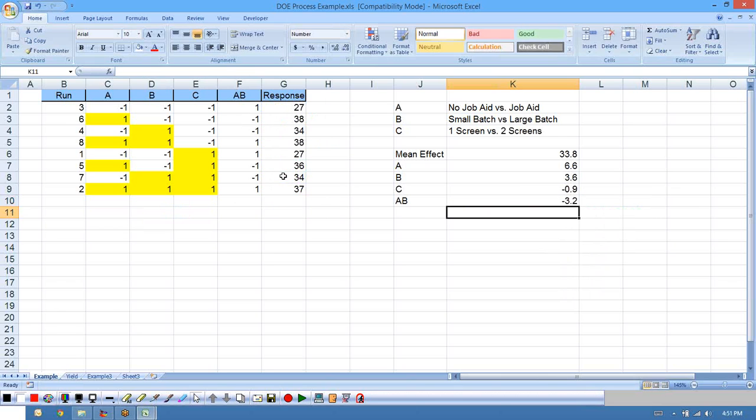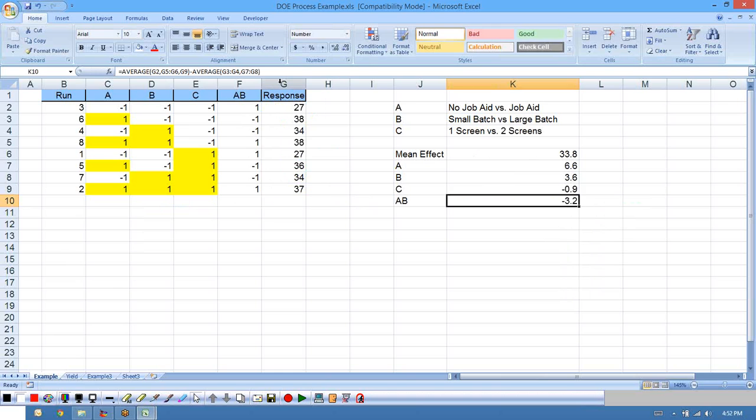And there we go. So the AB effect, now look at that. The AB effect is actually pretty big relative to C. It's more important than the two screens, we're finding. So the interaction of the job aid and no job aid really does depend on the large batch. It looks like if you're using large batch, this job aid is not so helpful for you.